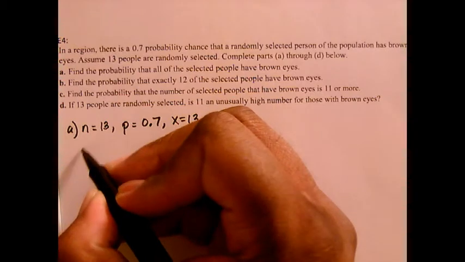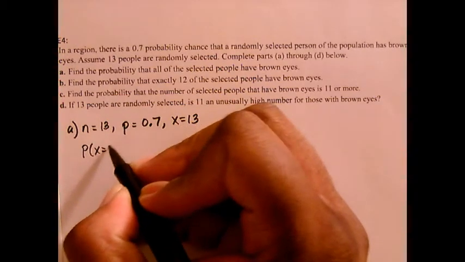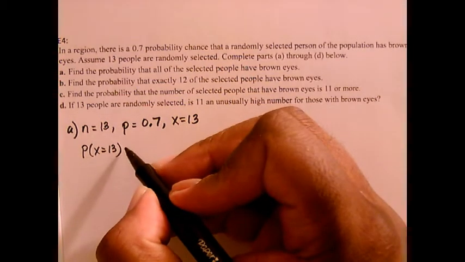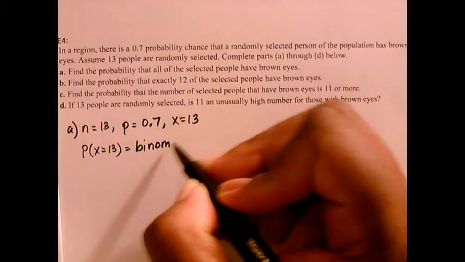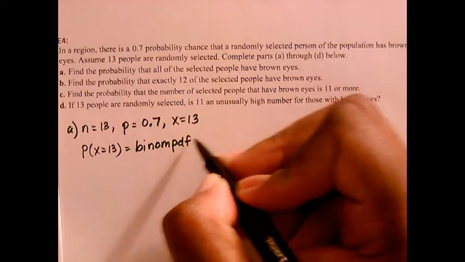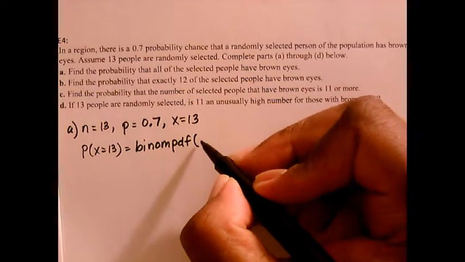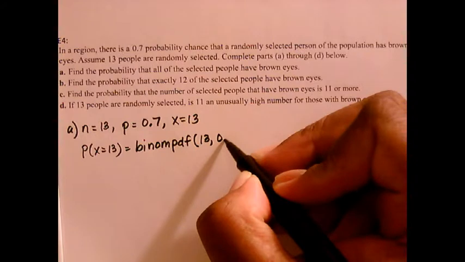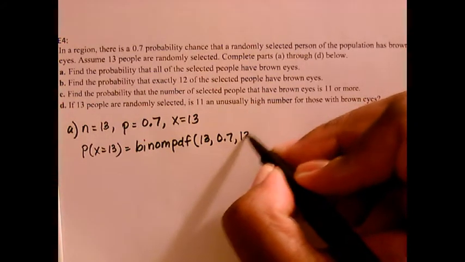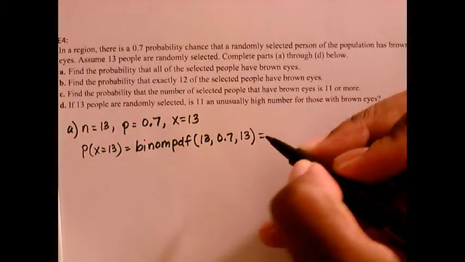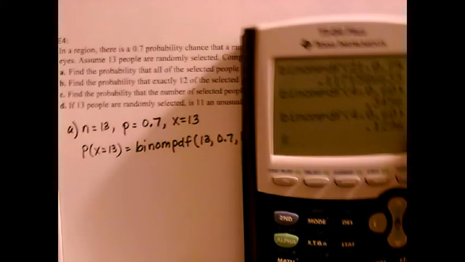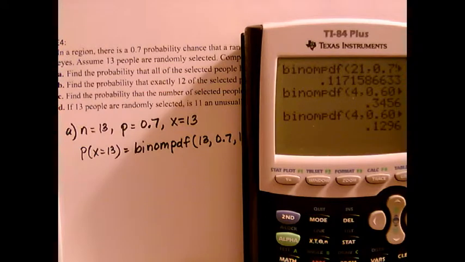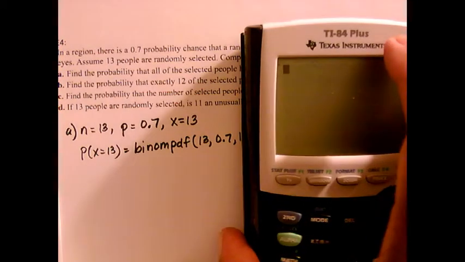So here, that's where we use the binomial PDF command. Binom PDF. N is 13, comma, P is 0.7, and X is 13. So here, I'll clear all this out.